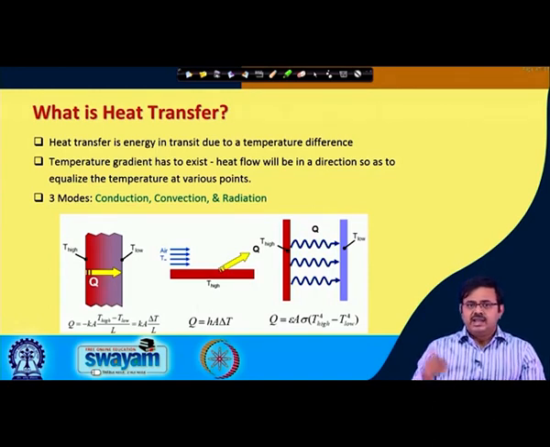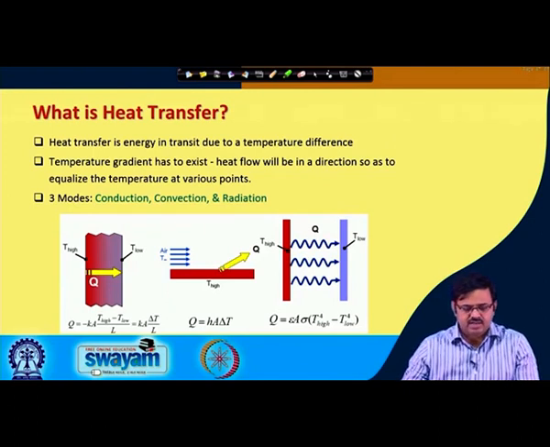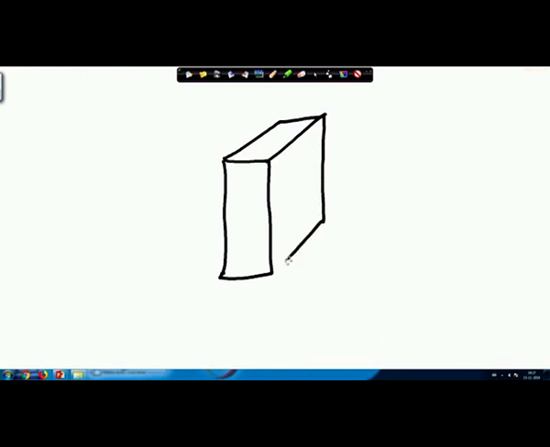Let us go back to the drawing board. This surface area is A, this thickness is L, this face is at TH, this face is at TC.